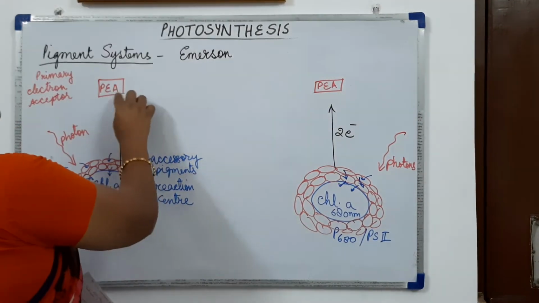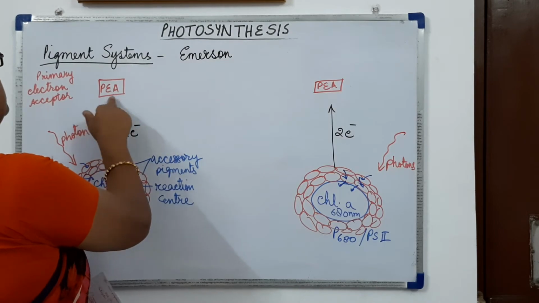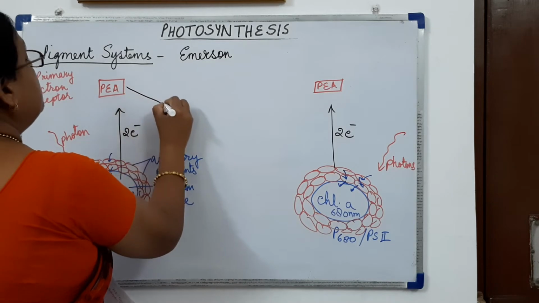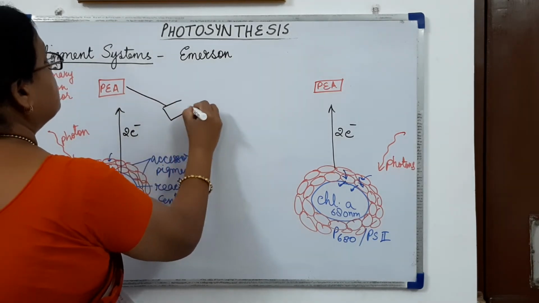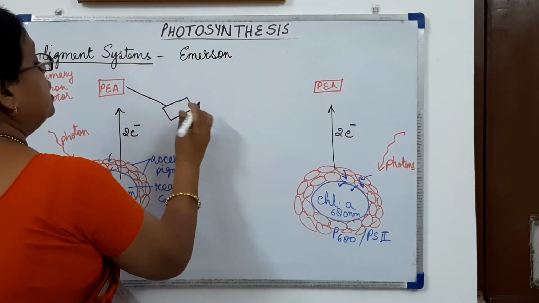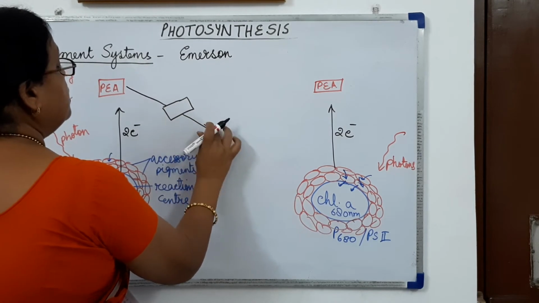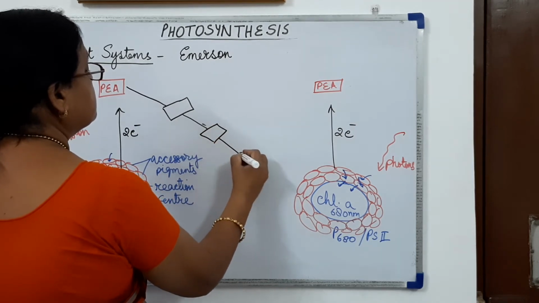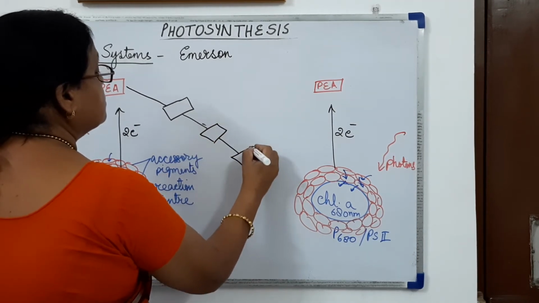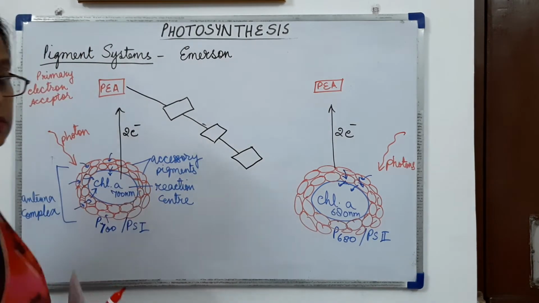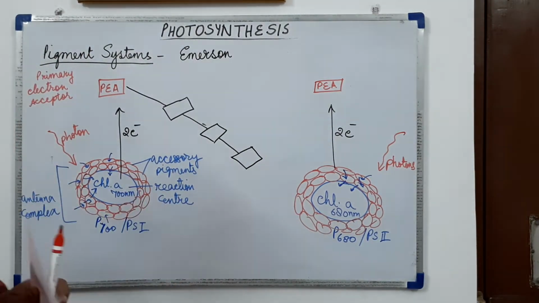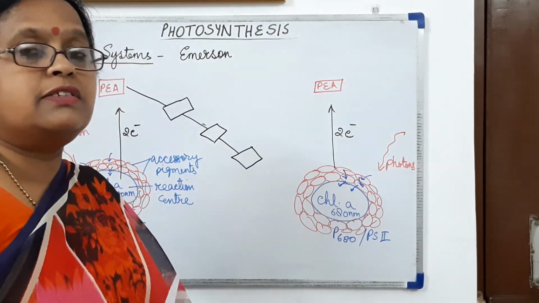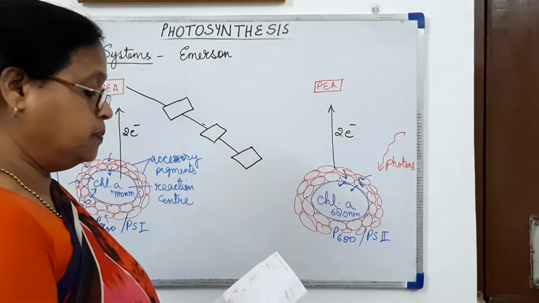Then the electron which is received by the primary electron acceptor is passed on to the lower levels, and here also there are electron acceptors. We will study this when we study phosphorylation, or photophosphorylation.